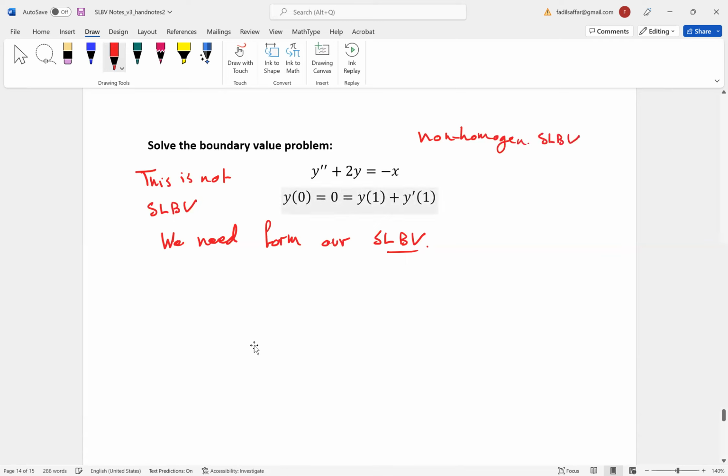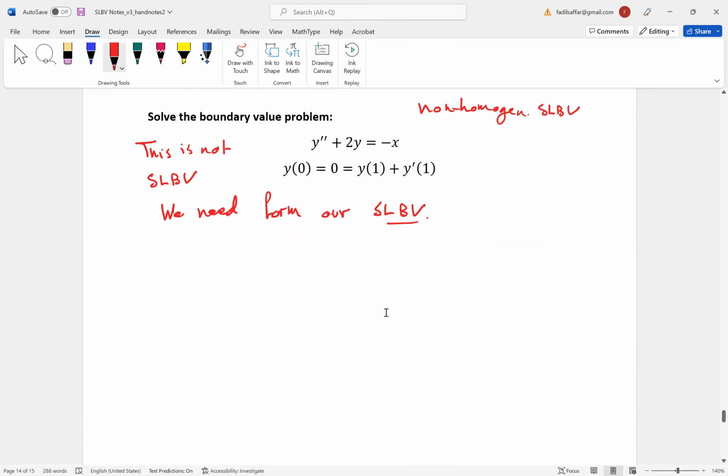Anyway, the way to do it, we want to write our operator in this form here. We want to write our operator L, which is defined by what we knew before, negative y double prime.